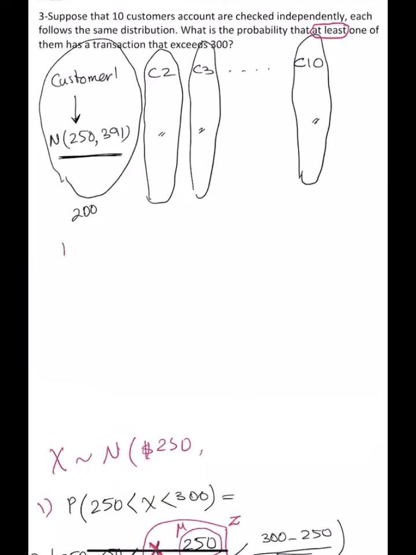So the probability that exactly one customer has a transaction that exceeds $300.